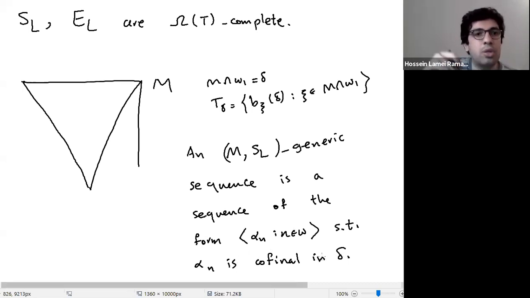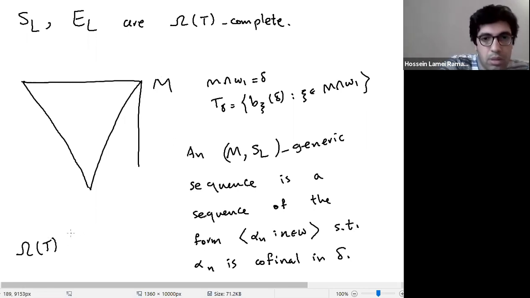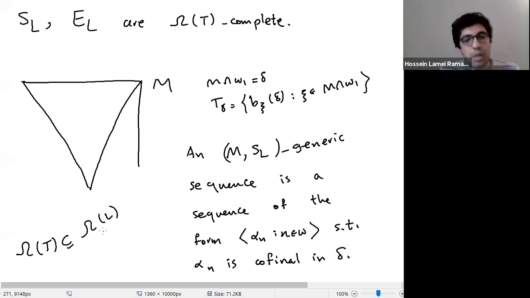And because M is going to capture everything, that's no worry. We can just put delta on top of that, and this ordinal is going to be in omega of this L as well, because this ordinal was in the omega of T, and omega of T is going to be a subset of omega L.